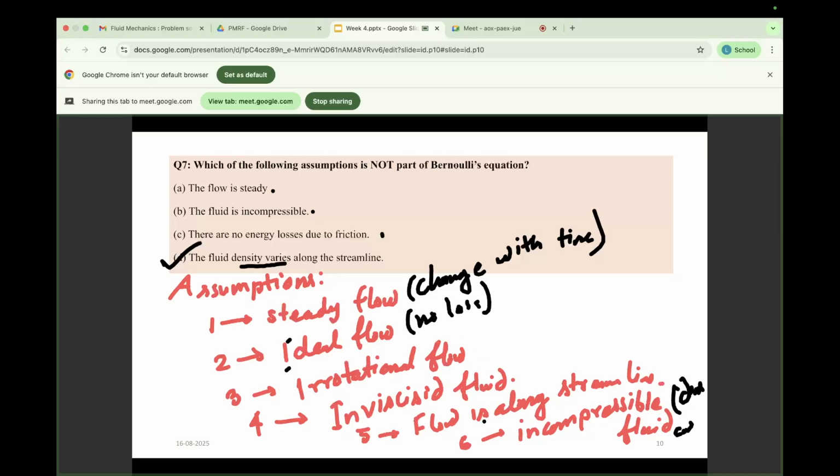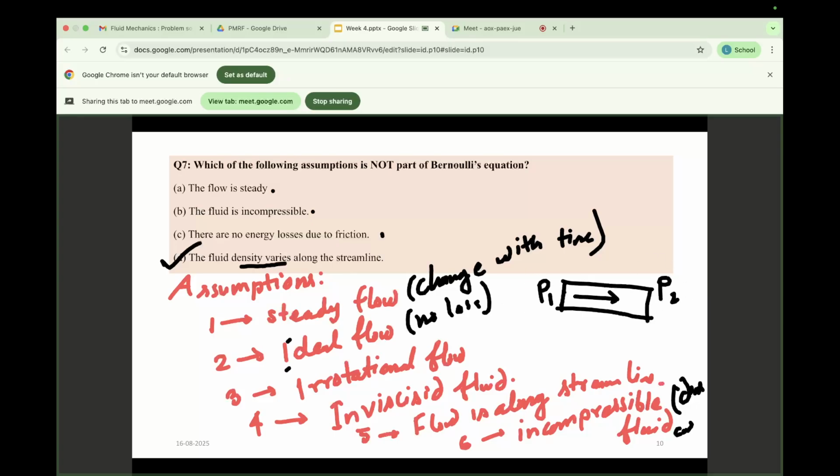Another thing to always remember is that the flow is along the streamline, not the fluid density. What exactly is a streamline? There should be a variation in pressure.